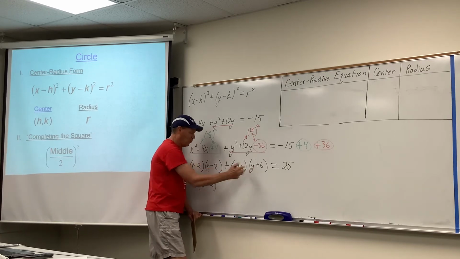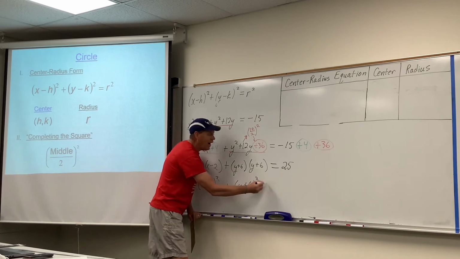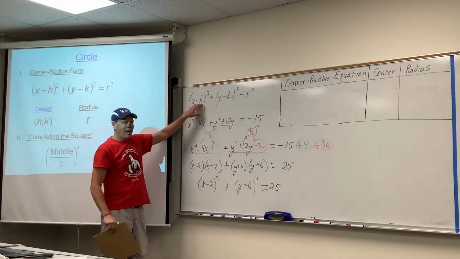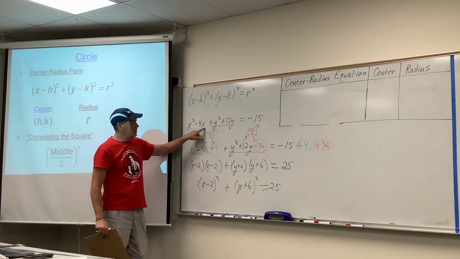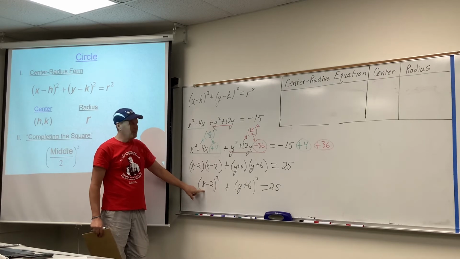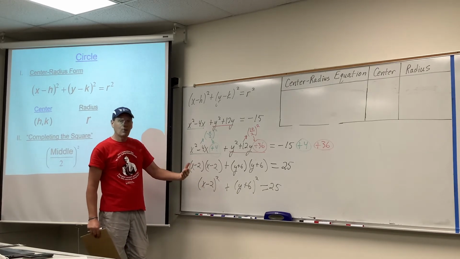Same expression twice. y plus 6 parentheses squared. I would submit to you that through a little bit of algebra trickery, we took this original equation and manipulated it to that. We used algebra to do this. That would be the center radius equation.